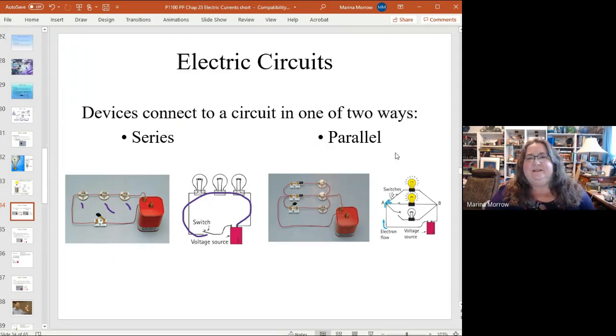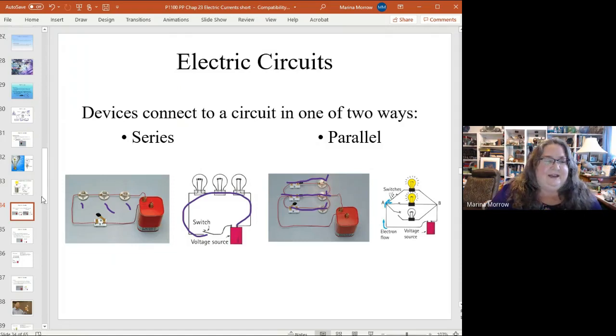Parallel circuits have 3 light bulbs, for instance, side by side, and they have parallel branches of the circuit. And so what happens is electricity can go in different directions through this. So there are different loops or branches to the circuit.